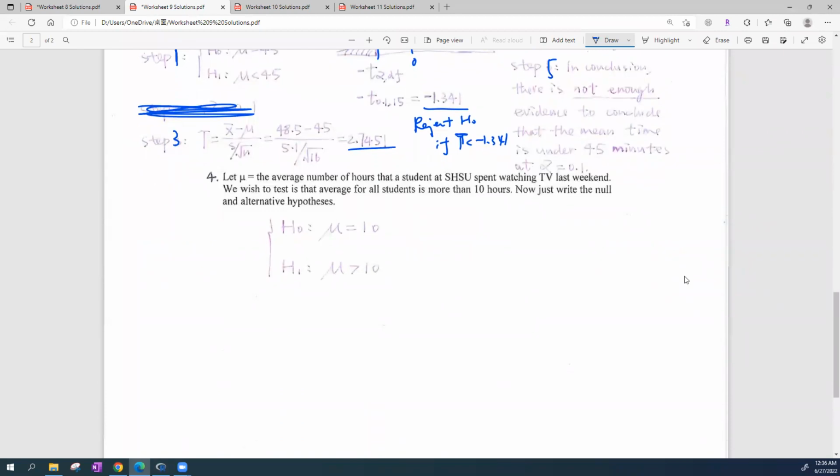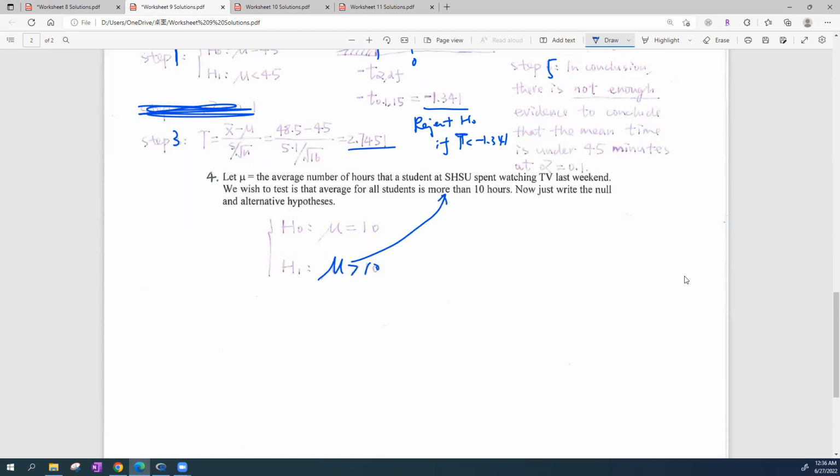Question number 4, let mu equal the average number of hours that a student at SHSU spent watching TV last weekend. We wish to test whether that average for all students is more than 10 hours. Now just write down the null and alternative hypothesis, more than 10, right? So mu larger than 10.